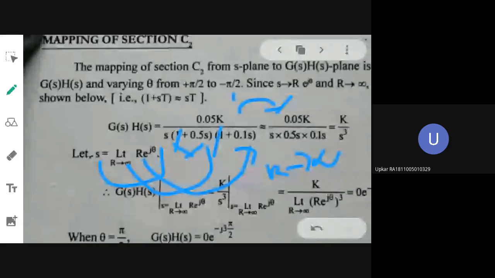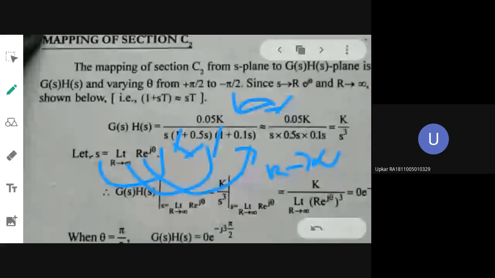0.05k divided by s into 0.5s into 0.1s. If you simplify that, finally the equation becomes k divided by s cubed, and in that s you are going to apply the limits. So I have eliminated the one and I am rewriting the equation.